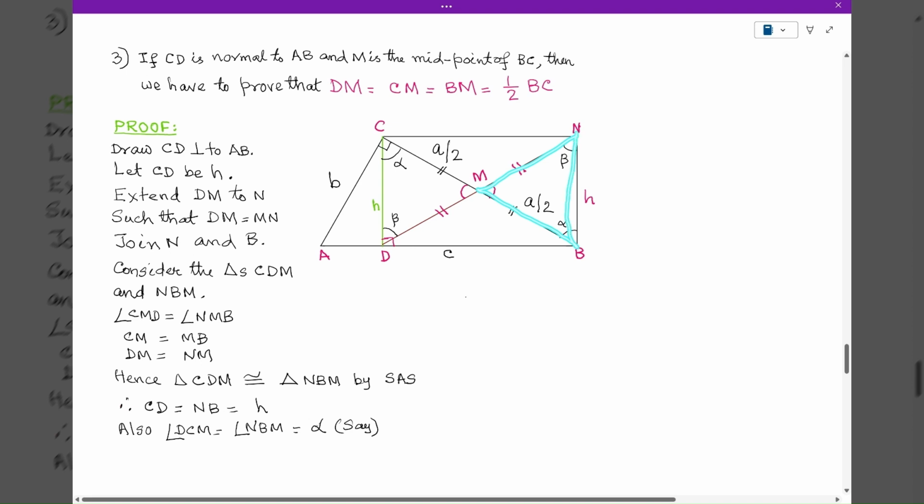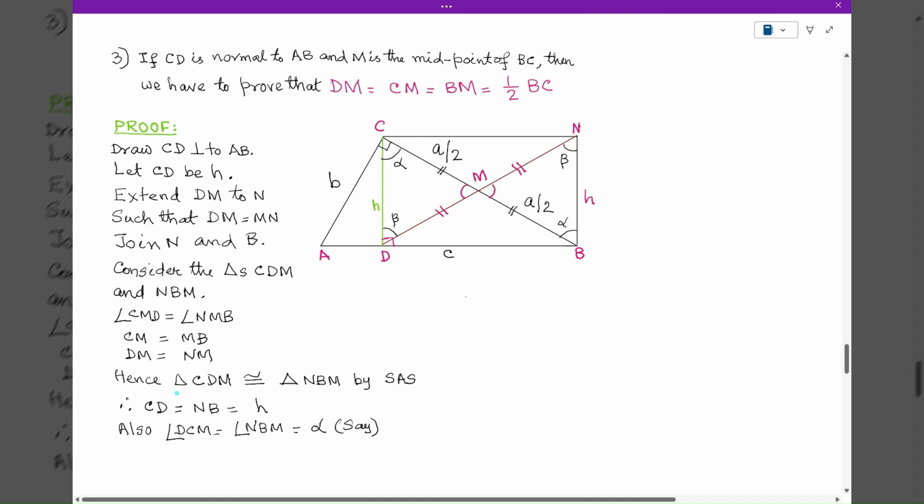Now these two triangles are congruent because this side is equal to this side, that is we have drawn it equal, and it is given that this side is equal to this side, each of them being half of side BC, and the angle between the two lines, that is this angle, is equal to this angle.